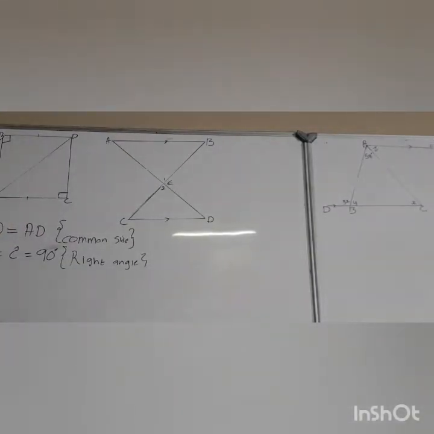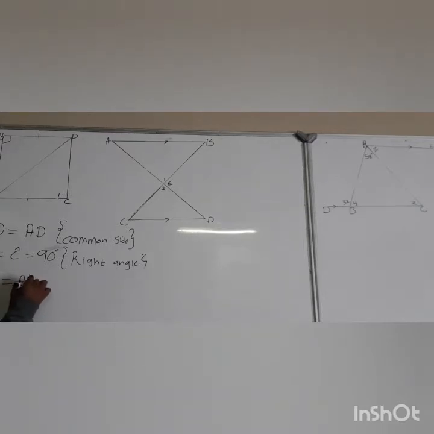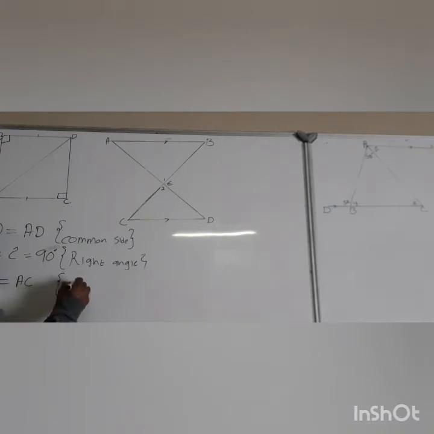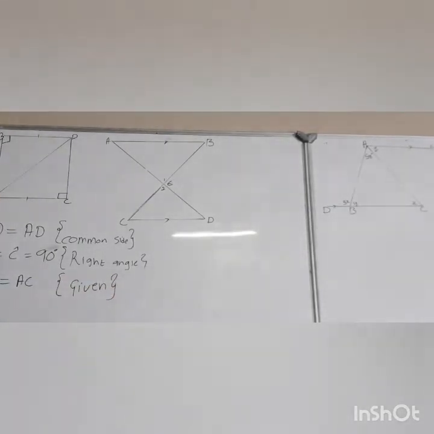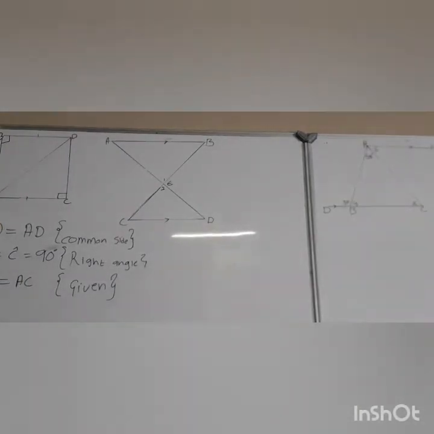Okay, another one. BD is equal to AC. Why? Given. It is given. Okay, and therefore conclude.